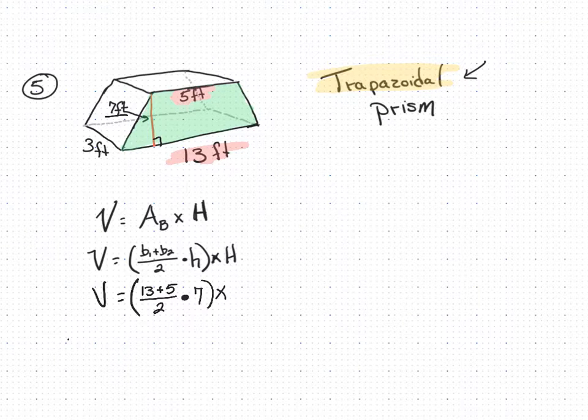Okay, this is what I was talking about, where when you're looking at the height of the prism, you want the length between the 2 bases. So here's one base here, and my second base is back here, and I want to know what is the distance between these 2 bases? Well, that's going to be this number here.